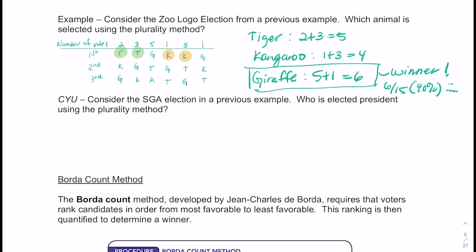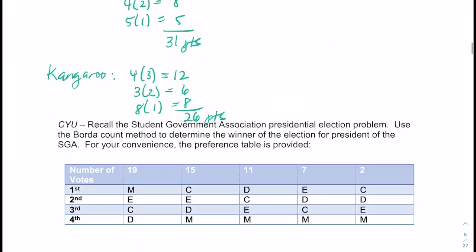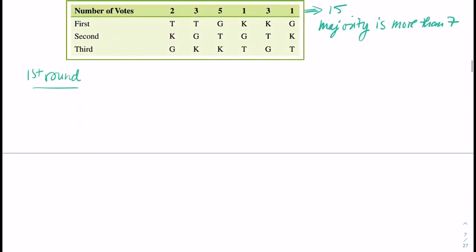So I'm just going to rewrite those. Tiger was 5 first place votes, and then we had the giraffe, which was 6, and the kangaroo was 4 first place votes.